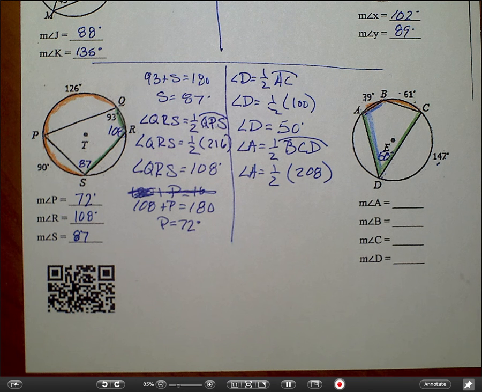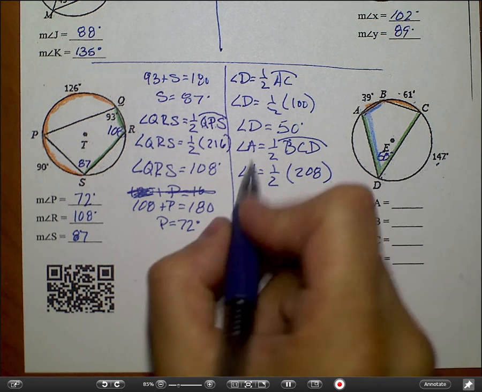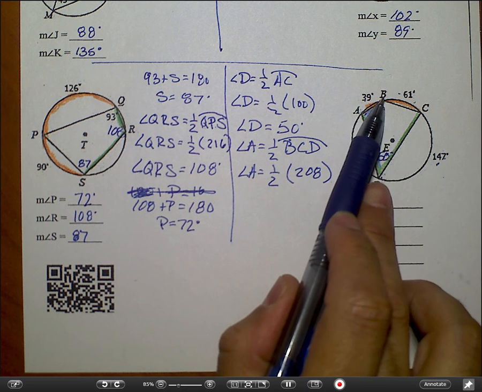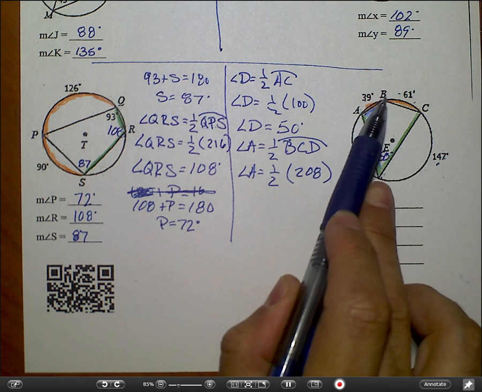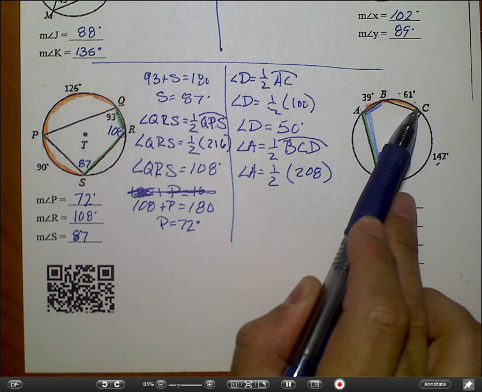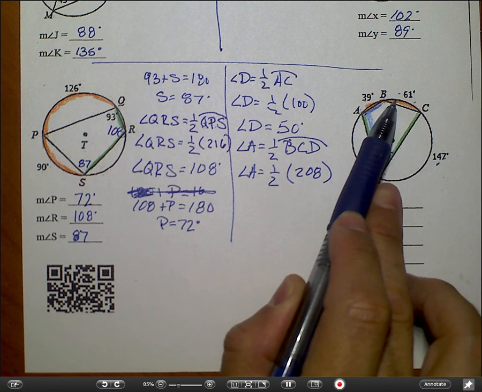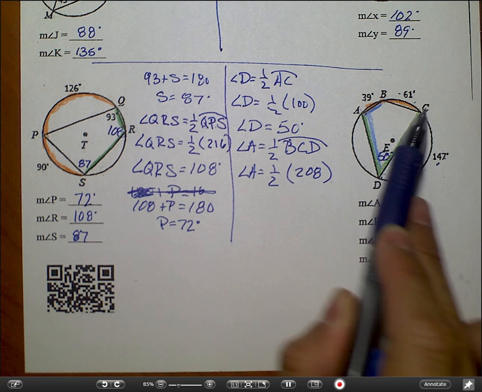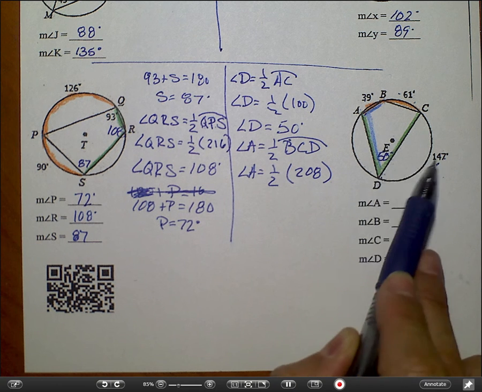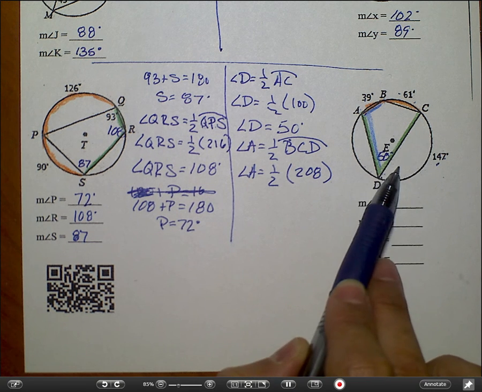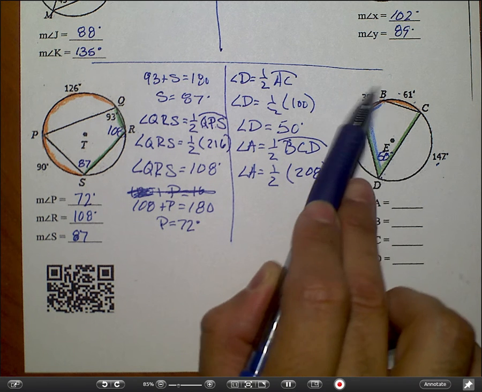Yes. Sorry, I thought you were adding 39. No, no, that's not what I kept saying, because my endpoint stops at B, right? So it's only from B to C is 61, and from C to D is 147. So that's why I'm only adding those two. I'm not adding this one because it's not going this way.